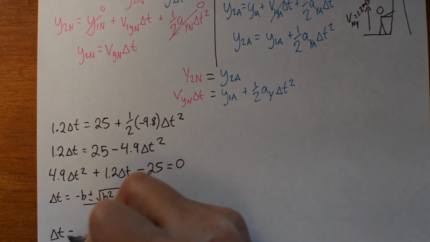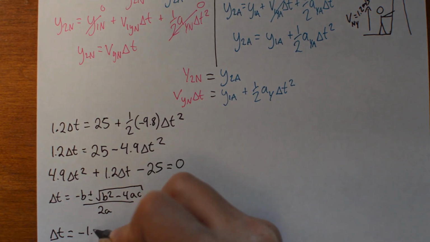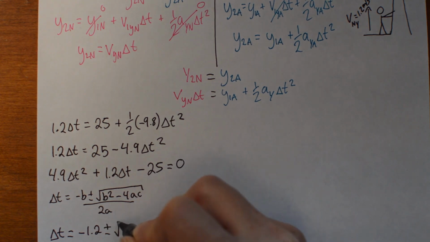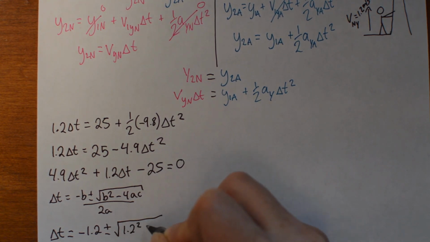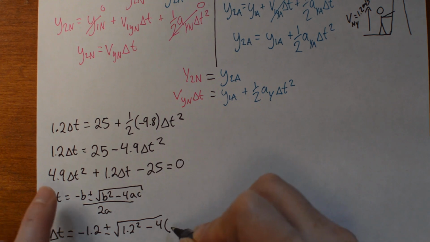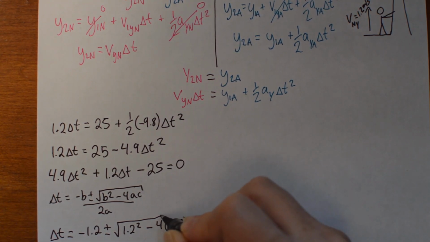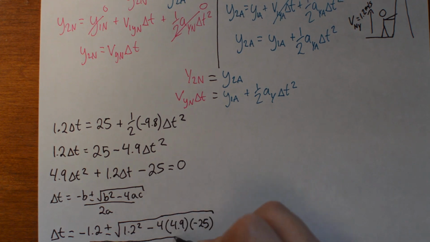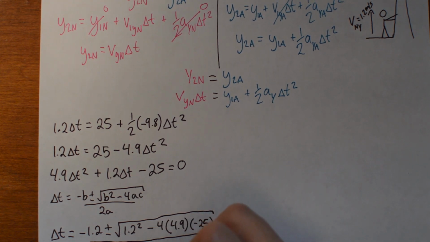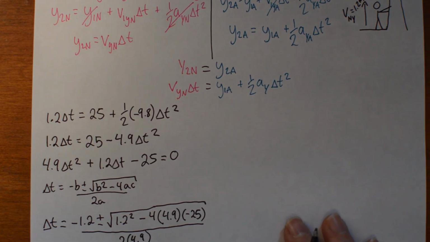So delta t is going to be negative b, negative 1.2, plus or minus the square root of b squared, 1.2 squared, minus 4 times a, 4.9, times c, negative 25, all divided by 2 times a, the 4.9.